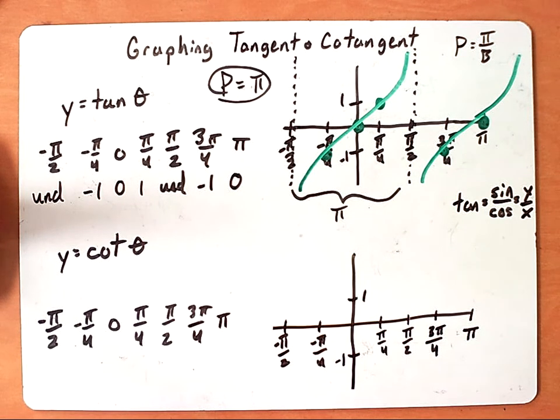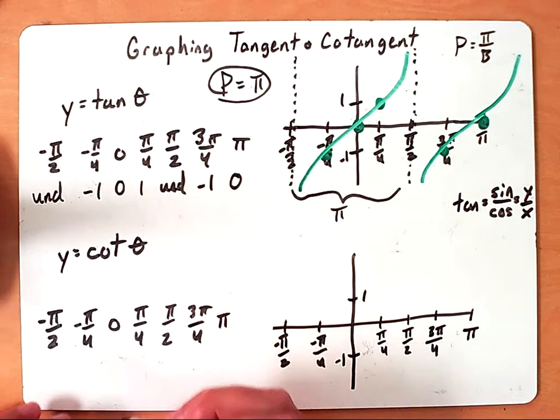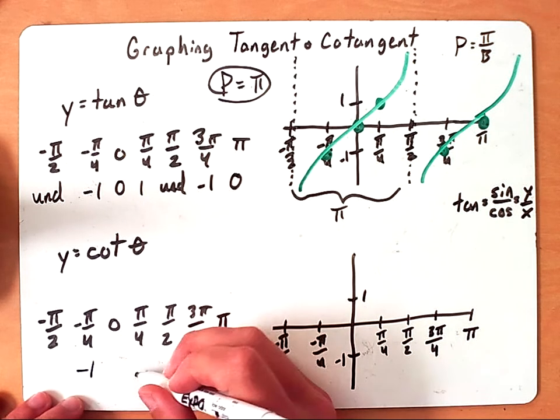So we could then go down and look at our cotangent graph so we could find the values there. Now, the cotangent is the reciprocal of tangent, so any of the values for tangent we could have just taken and put in over 1, much like we did with the secant and cosecant from the last video. So for instance, these negative 1s and 1s will all be the same.